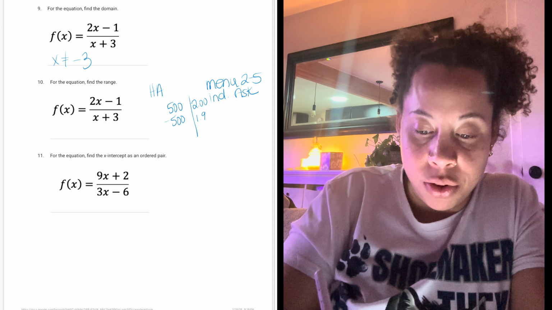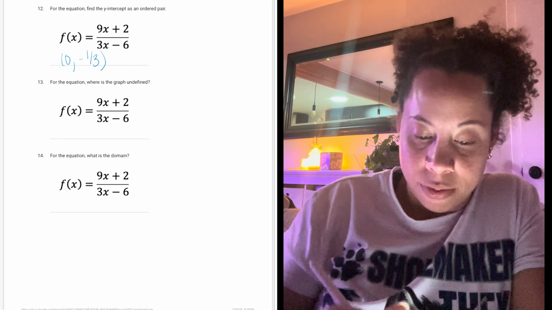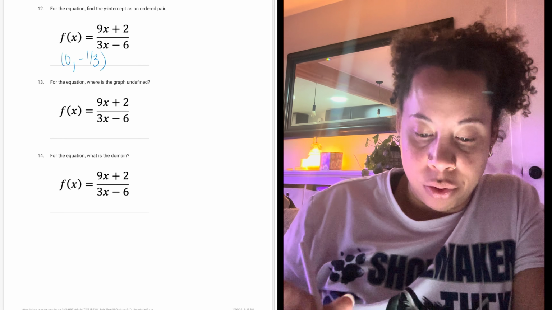Your y-intercept in this scenario is 0, comma negative 1/3. Your graph is undefined when x equals 2. So your domain is x does not equal 2. And on this one, for your range, your horizontal asymptote, your y is going to approach 3. So your y does not equal 3.